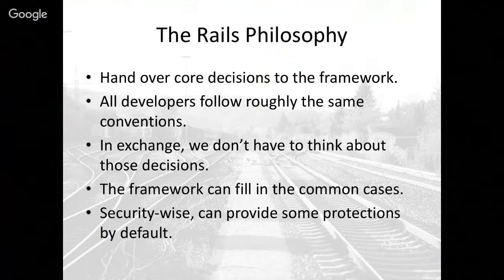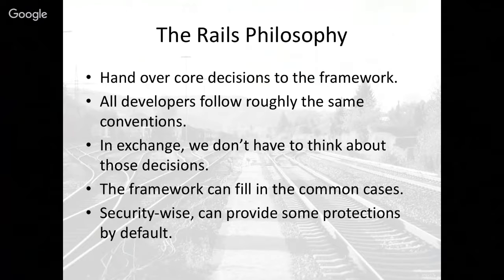It can automate a lot of the process, all the common cases. The idea is to speed up development, make development more consistent so developers can work together better, and make development faster and more reliable. Security-wise, by handing over these decisions, the framework can provide us with some protections by default, where it's relatively difficult for something that's not so invasive, like raw PHP, to introduce protections by default.